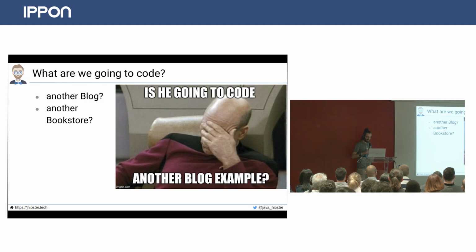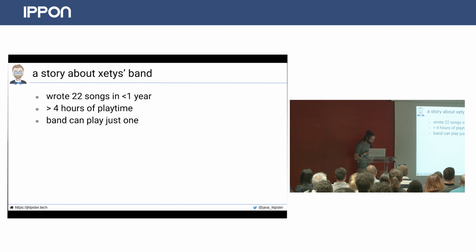And then I came to a personal thing, which is also the answer why I wasn't contributing that much code in the past year, because I got a little bit crazy about writing music. It's actually comparable to code. I opened my own band and just started to write songs. And during one year, I wrote 22 songs with 4 hours playtime.